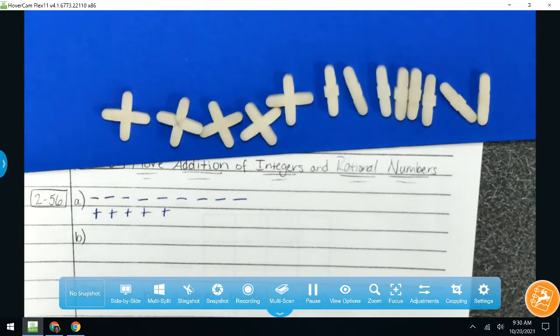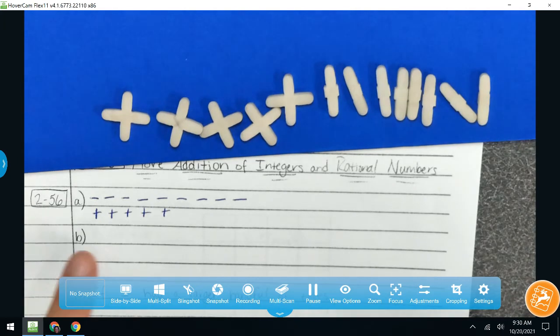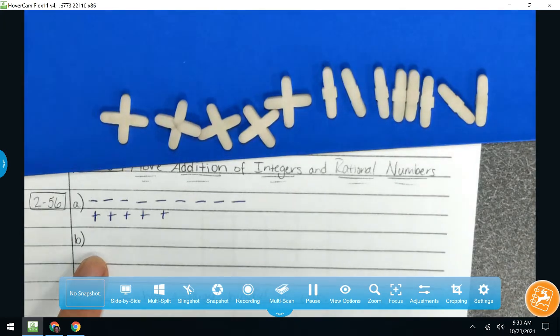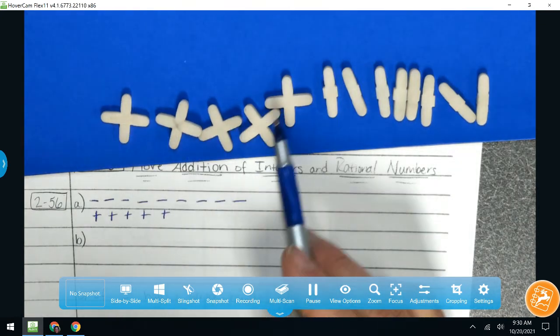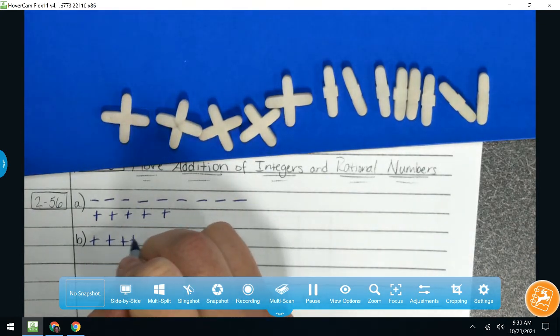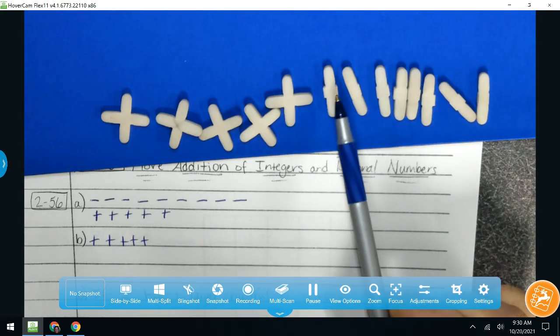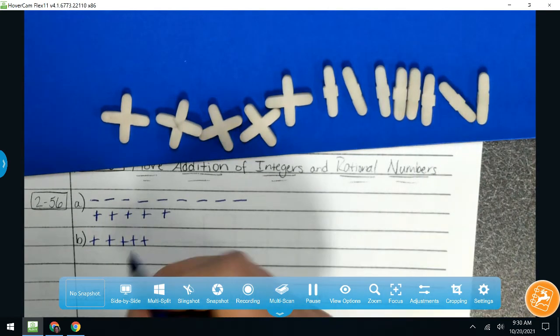So I want you to go ahead and draw what I drew out this time. So I have 1, 2, 3, 4, 5 positives. And 1, 2, 3, 4, 5, 6, 7, 8 negatives.